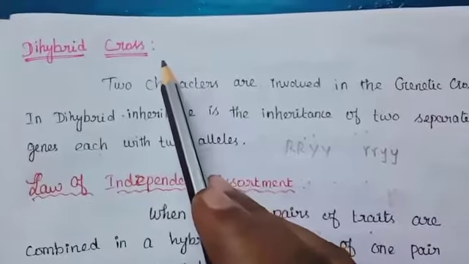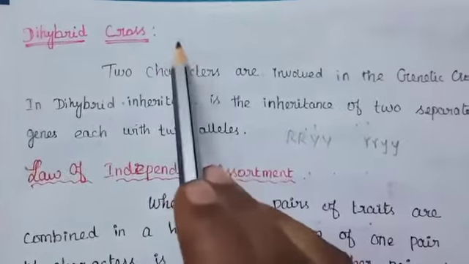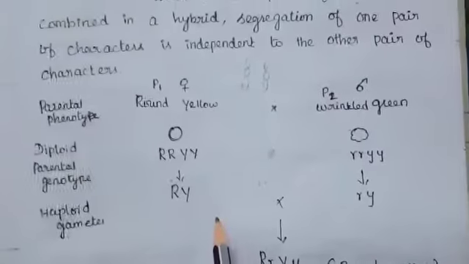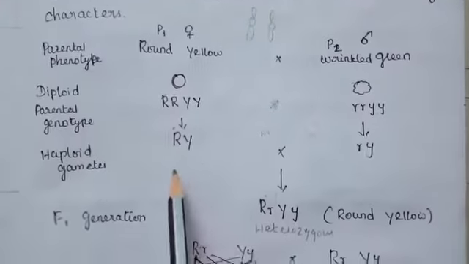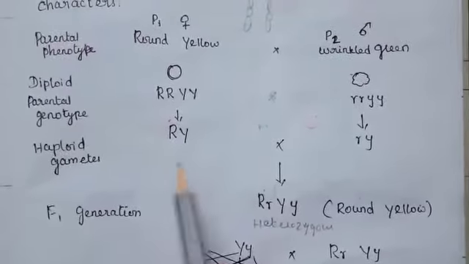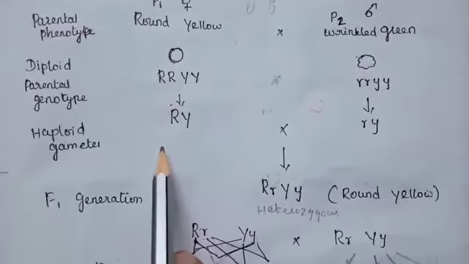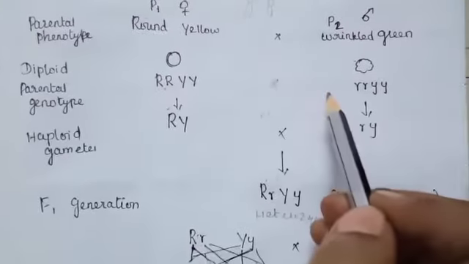Crossing of two plants differing in two pairs of contrasting traits is called a dihybrid cross. In the dihybrid cross, Mendel considered the seed shape and cotyledon color. Seed shape is round and wrinkled, cotyledon color is yellow and green. In seed shape, round, capital R, is dominant over wrinkled.